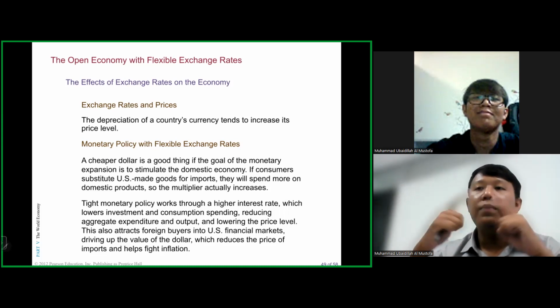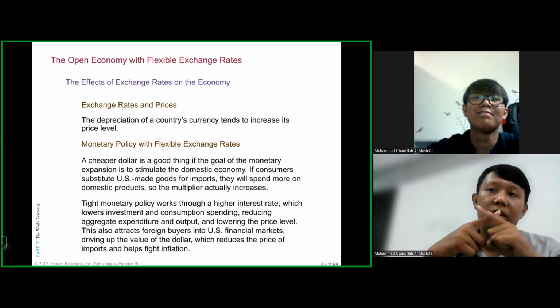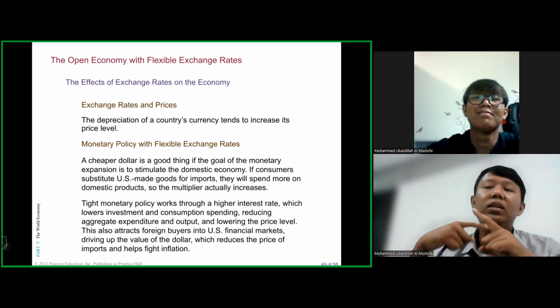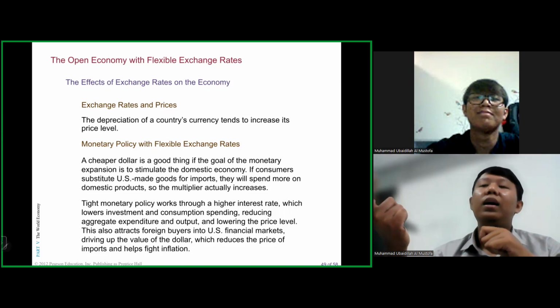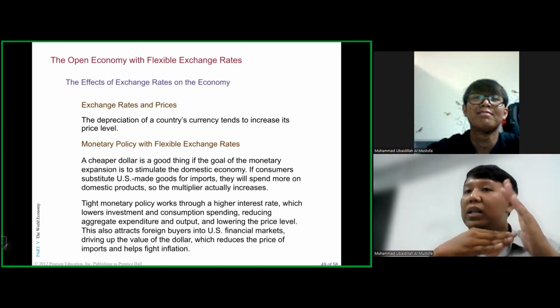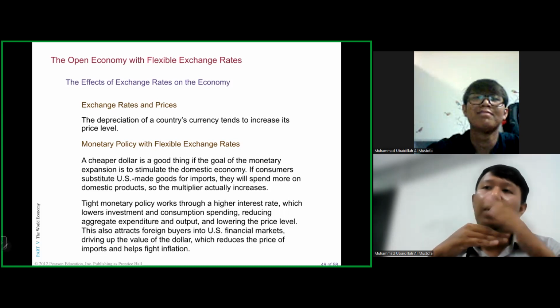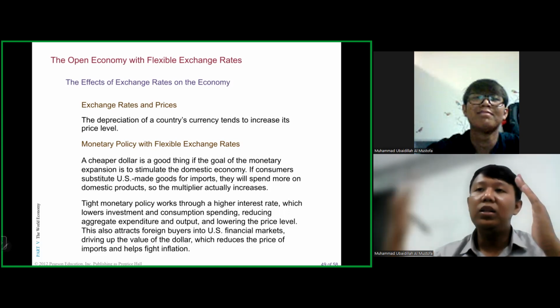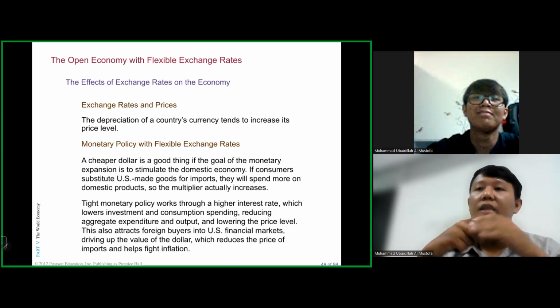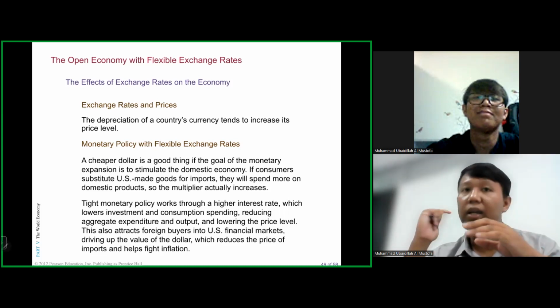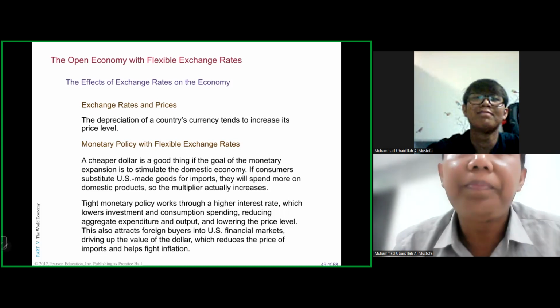And if this increase in consumption is not matched by an increase in supply, then demand on consumption will become higher than the supply. This will make the price level increase.